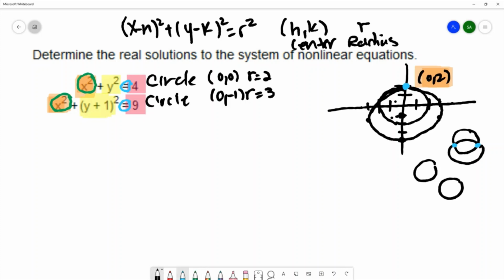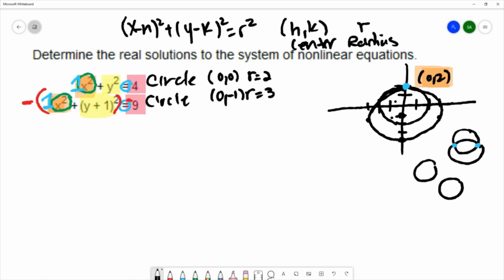These x's already have the same coefficient. Both of them have a coefficient of 1. When we add these equations together, we need the variable to eliminate, and that means we need to have one with a positive 1 and one with a negative 1. So I'm going to multiply by a negative 1 onto the left and right side of the second equation.